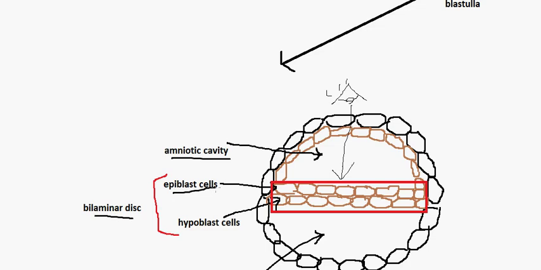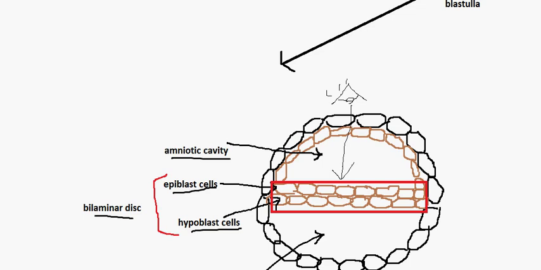These are the epiblast cell layer and the hypoblast cell layer. Epi means above, so the epiblast cell layer is the layer above, and the hypoblast cell layer is the layer below. The epiblast cell layer can be 2 to 3 cell layers thick. I have only shown one cell layer, but the hypoblast cell layer is just one cell layer thick at the bottom.